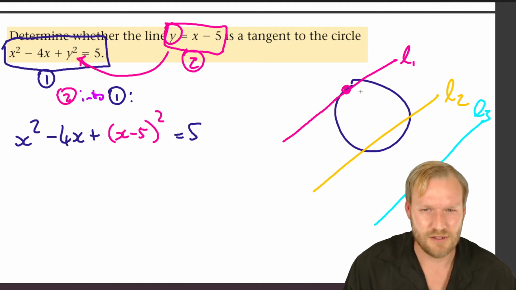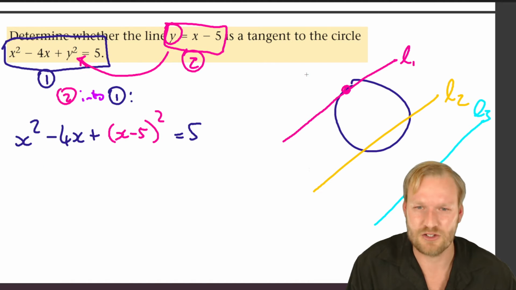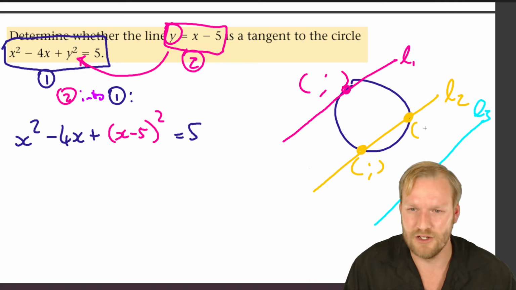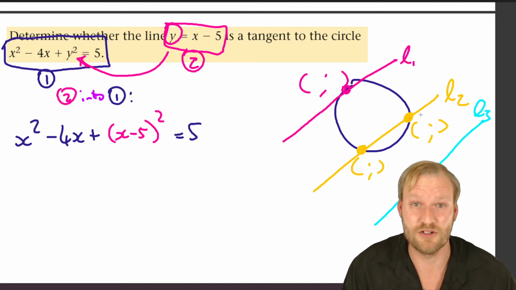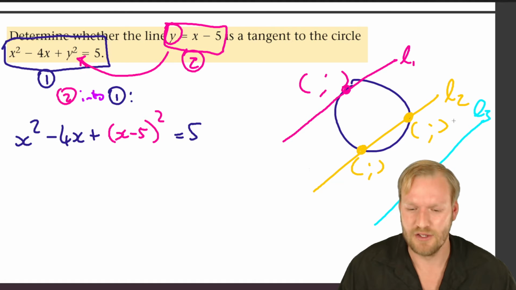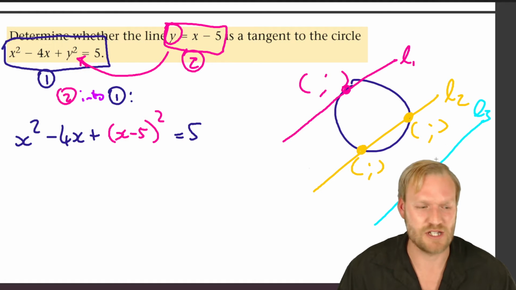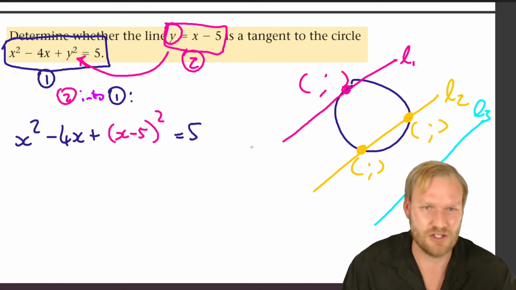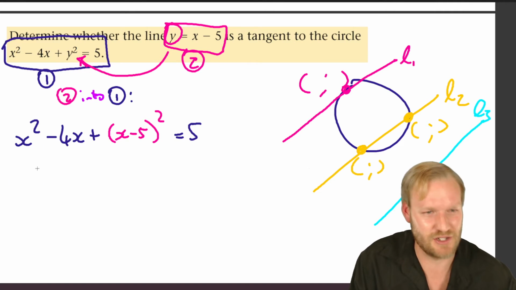Well, if we've got L1, we'll solve all of this and we'll get one value of x, because x is definitely going to be that value. If we have this scenario here, we'll find that there are two possible values of x representing the two different coordinates. And of course, if we have this last scenario here, then we won't have any values of x because there aren't any solutions. So let's see, how many solutions have we got? That's going to tell us.